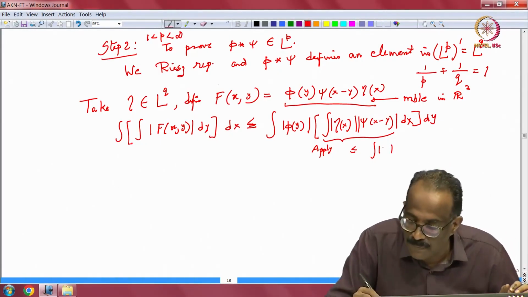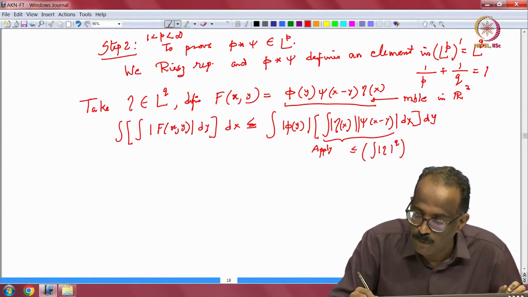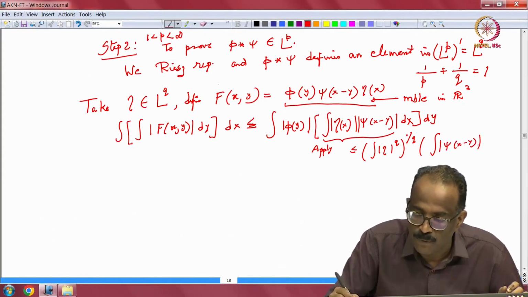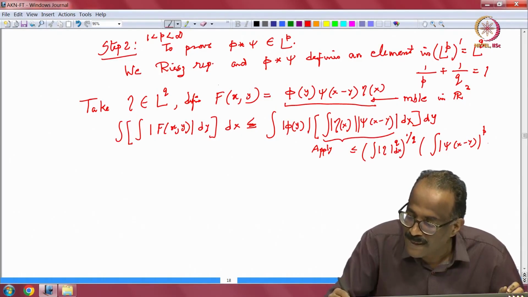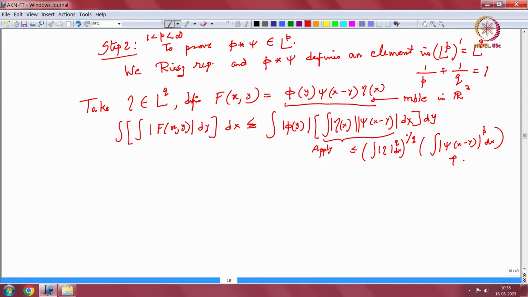So this will be the integral of theta power q, whole power 1 over q, and the integral of modulus of psi of x minus y power p with respect to dx. Again apply a change of variable, or translation, correctly.